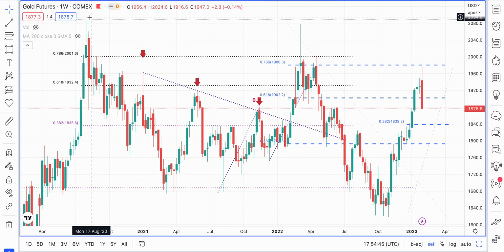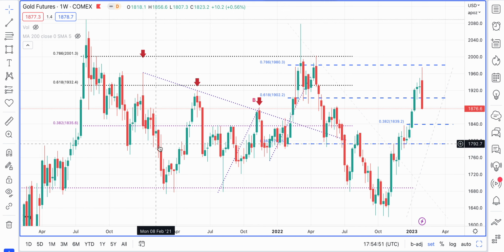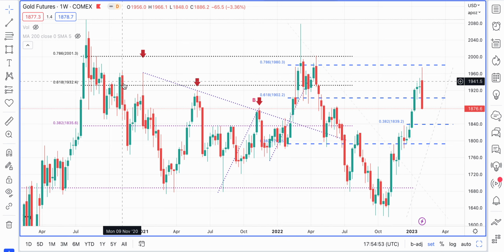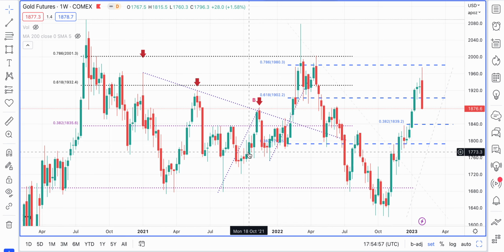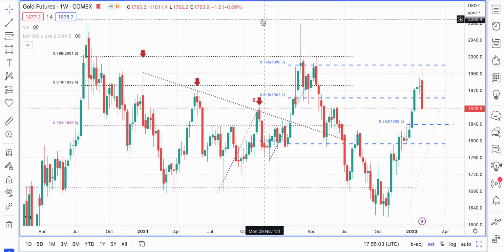What we can see is that we had a negative candle here, and then the market went into a downtrend which lasted for quite a while, and then we had just a trading range. And last year in March 2022 there was an attempt for this market to move higher, but it failed to take out the highs of 2020.